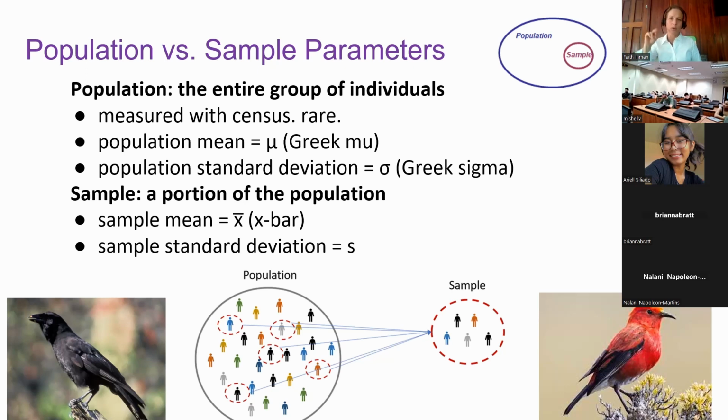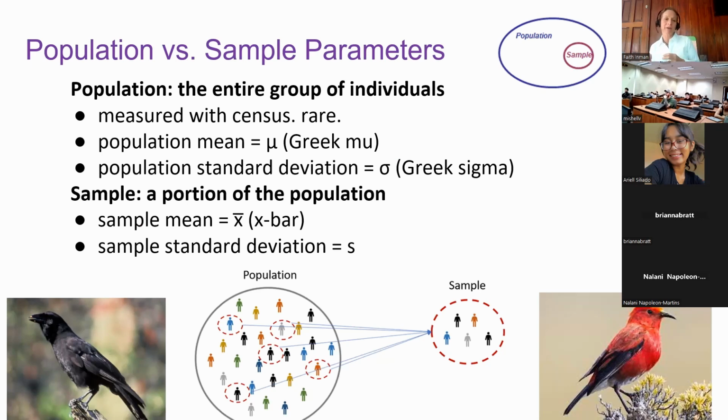Looks like a little U. That's mu. And the population standard deviation, and we'll get more into what a standard deviation is, is the Greek sigma, that symbol sigma. And that's like the S, right? So the mu is like the M and the sigma is like the S.